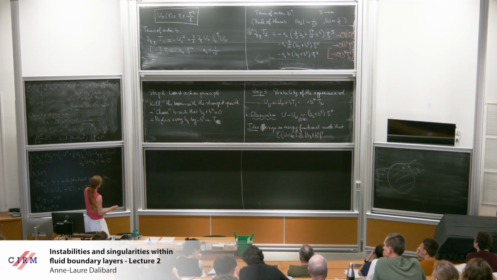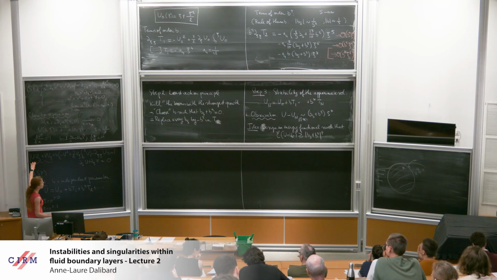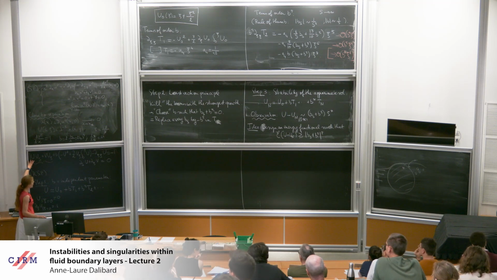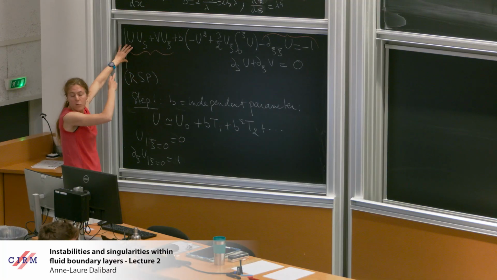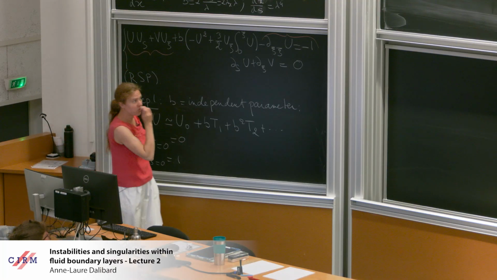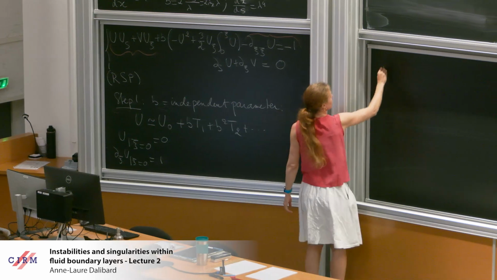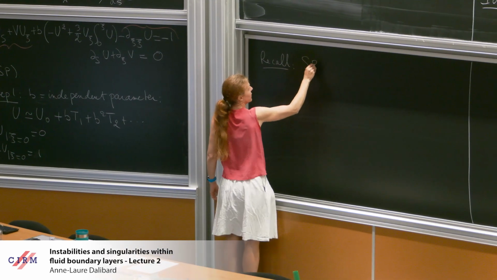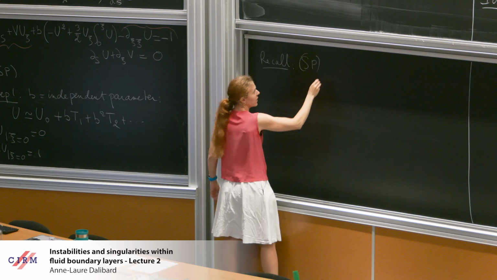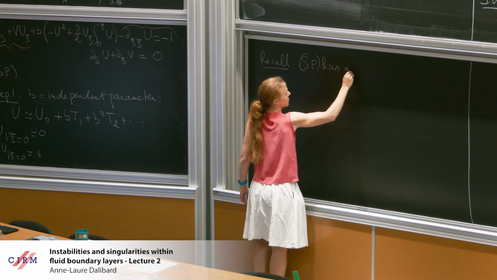And the idea is, so now you look at U minus Un, okay? And you use the fact that you have a diffusion structure, okay? So you remember yesterday that the stationary Prandtl equation has a parabolic behavior.